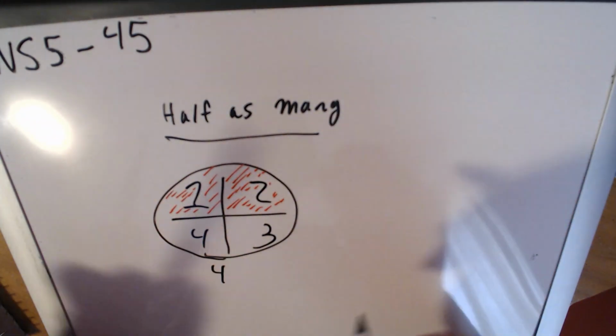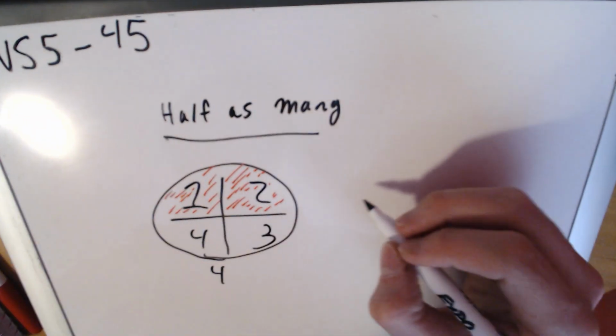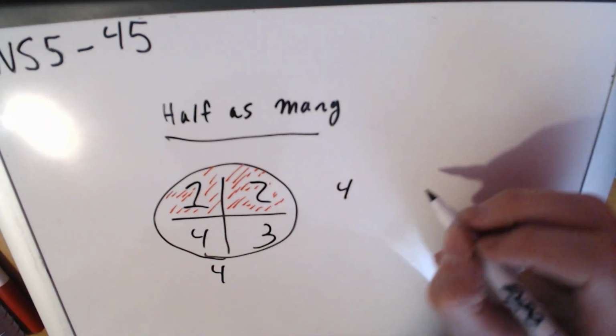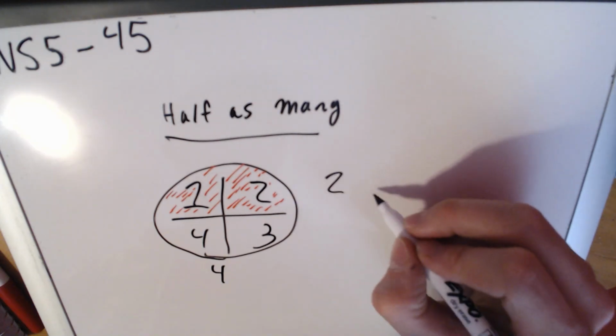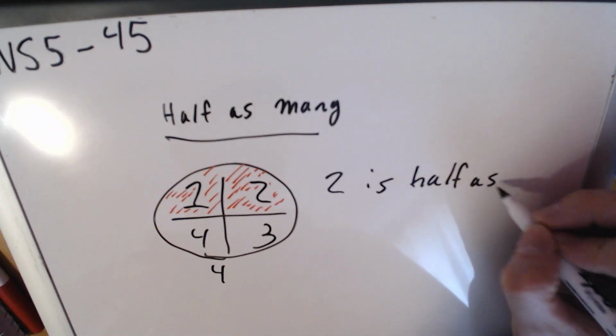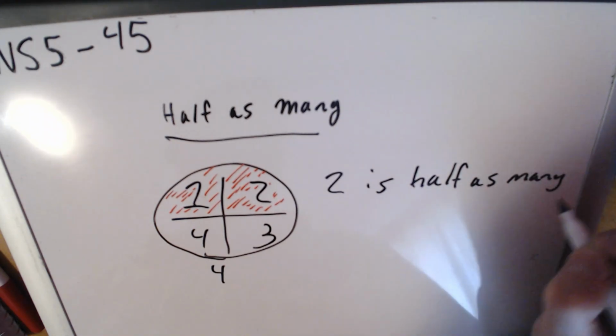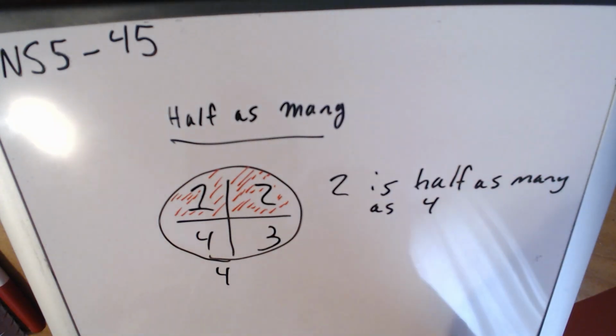But if you have half as many, half as many of 4 is 2, right? So if you have a total of 4, half as many is 2. And so you could say 2 is half as many as 4, right?